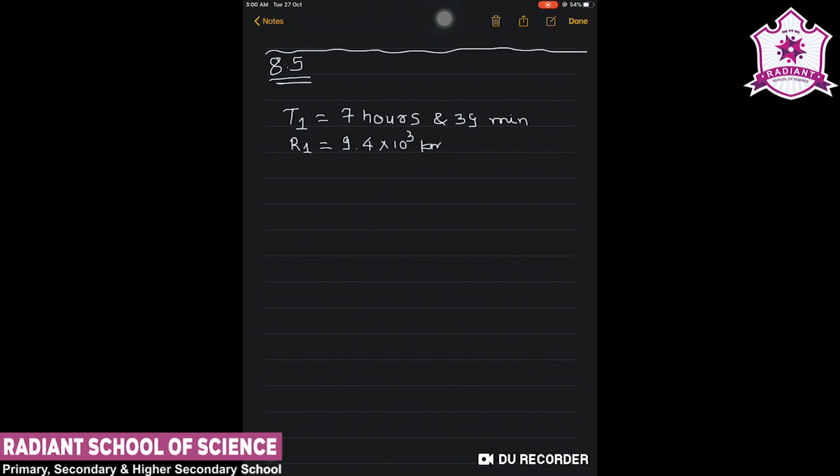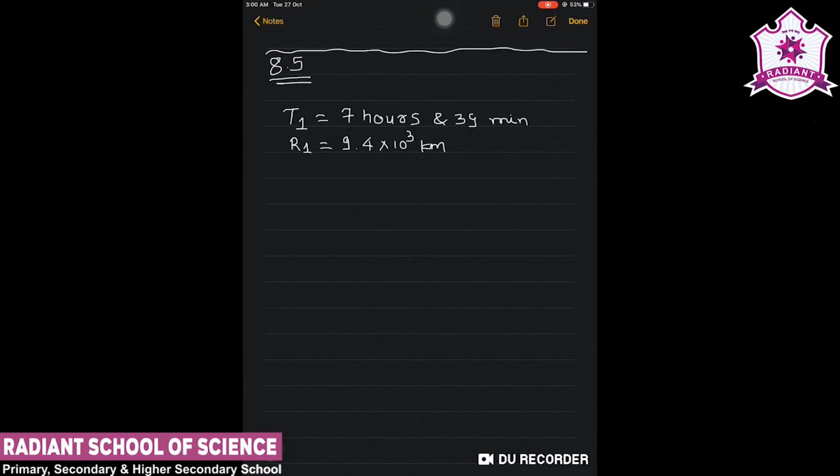So that radius is also given. Now here, first of all, we will convert the hour and minute into seconds. First we will convert these hours into minutes.